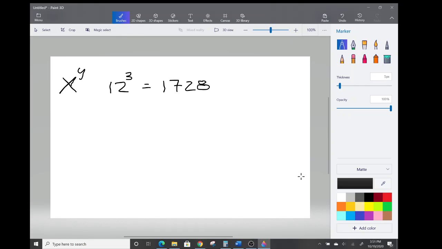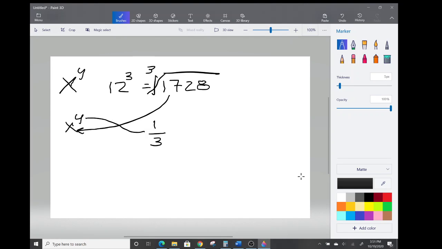All right, now, what if we didn't want to hit the shift key and we were going to take the cube root of 1728? Well, then we would put 1728 as our x. And what about our y? I want to take the cube root, so I'm going to put 1 over 3. And it's the same thing as saying taking the cube root of 1728.